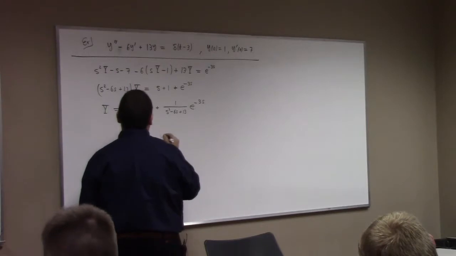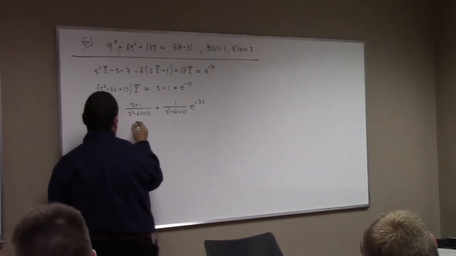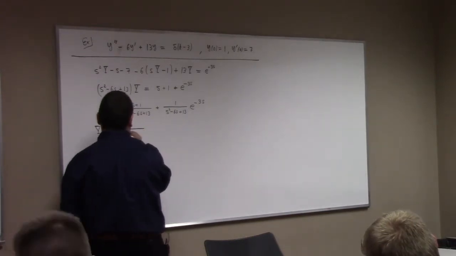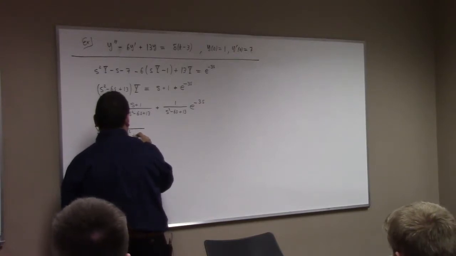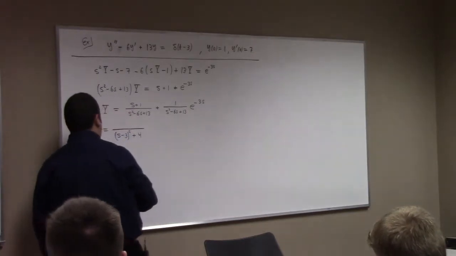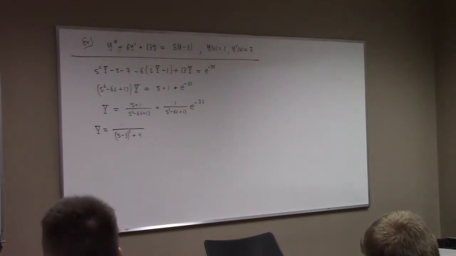All right, so let's see here. We've got y is equal to, well, let me just go off on the side here. Downstairs, we've got s minus 3 squared plus what? Plus 4, right? And so I need to create an s minus 3 upstairs.